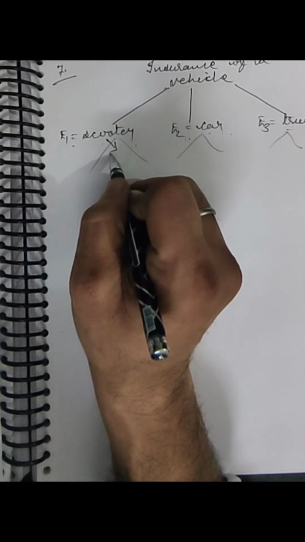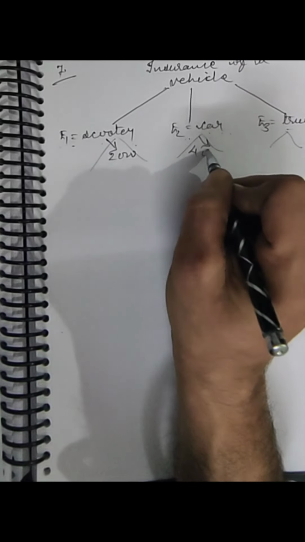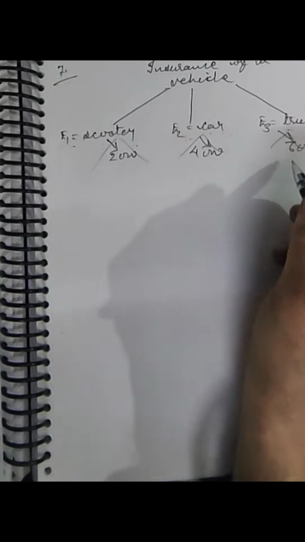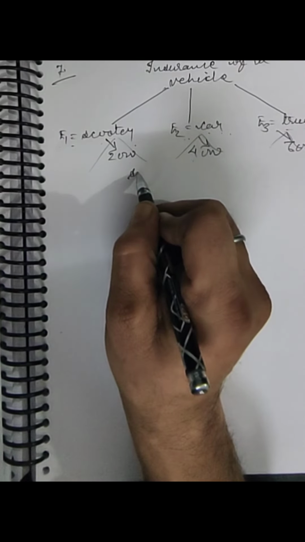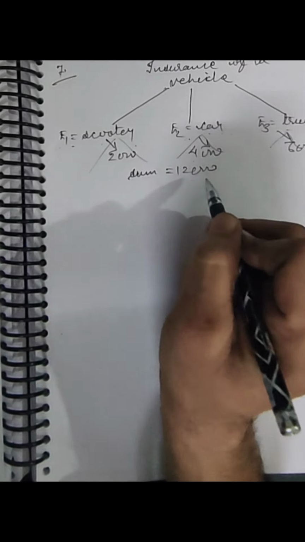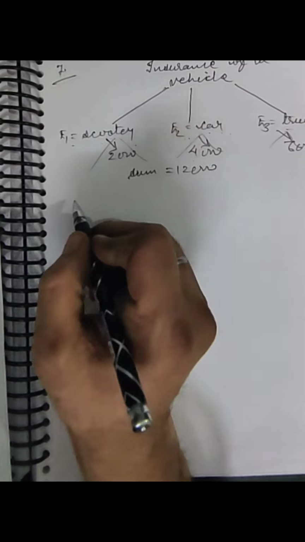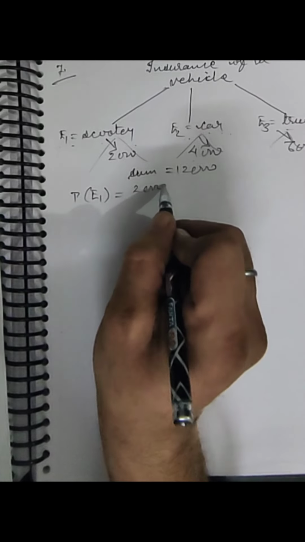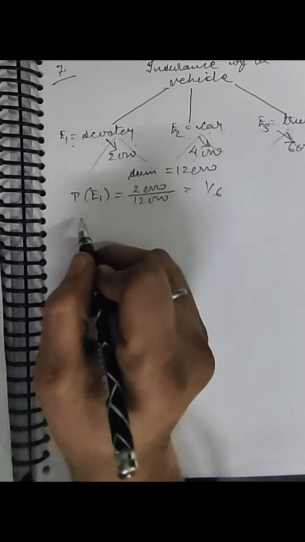So let me write the numbers. Scooter we are having total 2000. Car we are having 4000 drivers and truck insured are 6000 drivers. Their sum is 12,000. Sum of these drivers, this is 12,000. This will be helpful to find the probability of events E1, E2, E3. Probability of E1 is 2000 out of 12,000, so it comes 1 by 6.